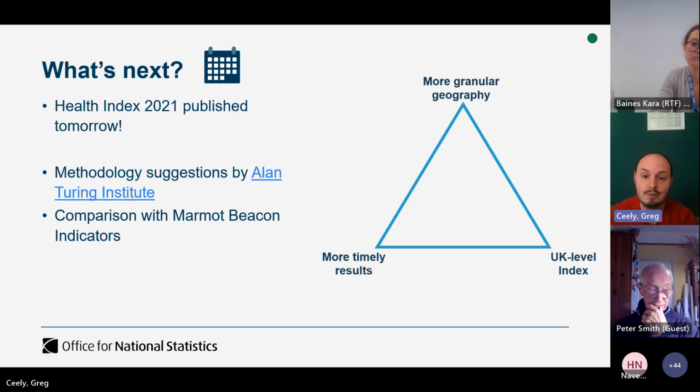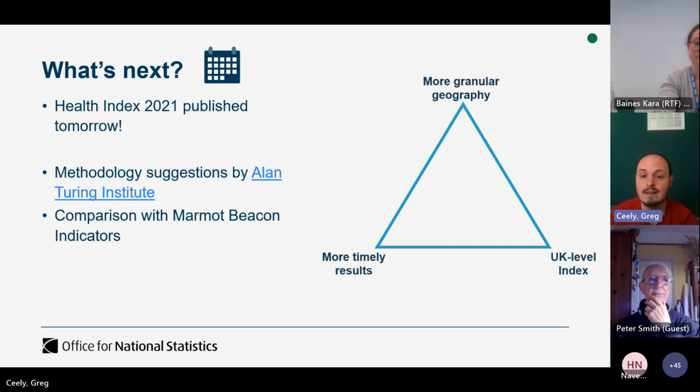And similarly, Professor Sir Michael Marmot, I always lose track of which way around those titles go, but either way, a very esteemed colleague, has expressed support for and interest in the Health Index. So we're working with him and his collaborator, Peter Goldblatt, to report on the comparisons and contrasts between the Health Index and the Marmot Beacon indicators.